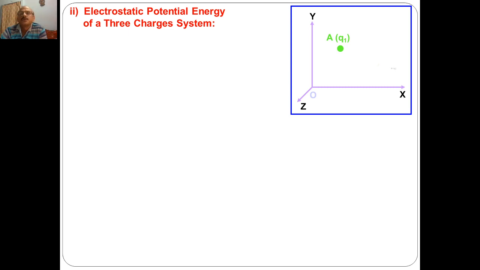So if q2 is brought and q3 is brought, then at points B and C there will be potential due to charge q1.